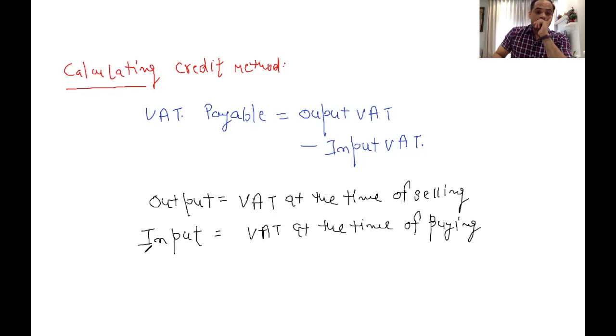Okay, so let me give you one example to understand how much VAT will be using a credit method.